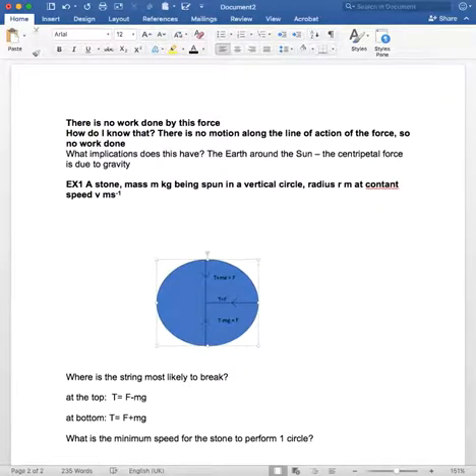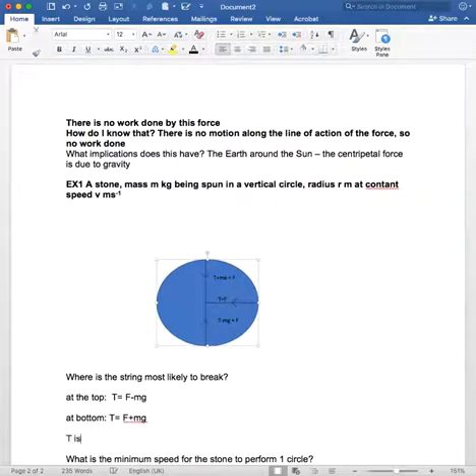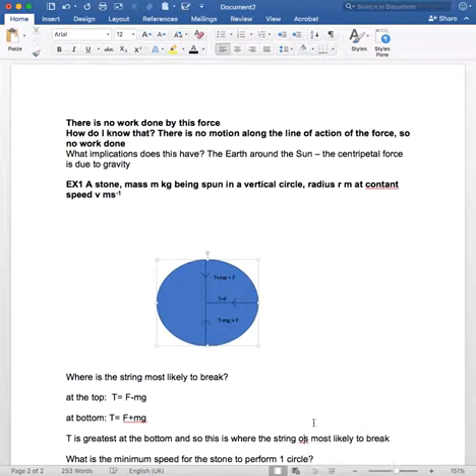So at the bottom, T is the greatest, and that's where the string is most likely to break. Hopefully you can see that.